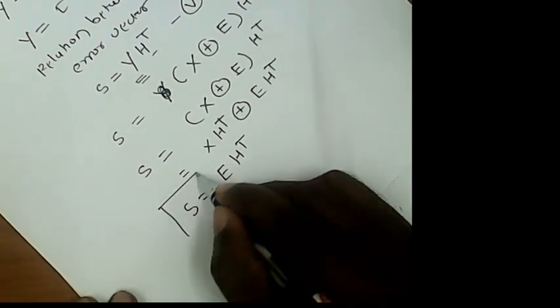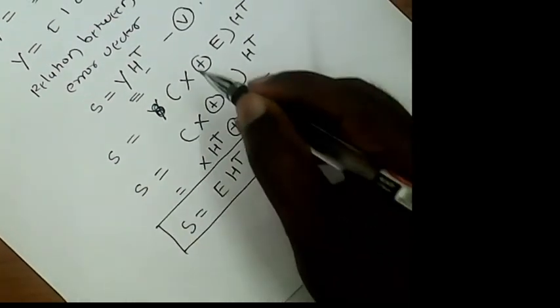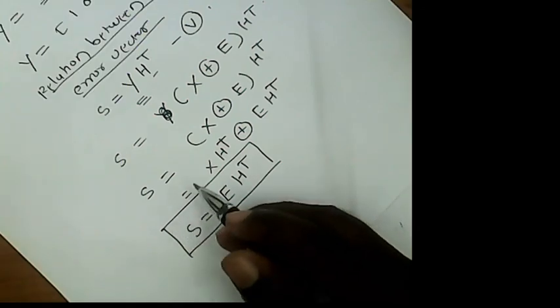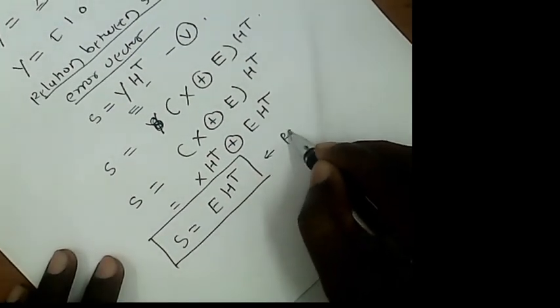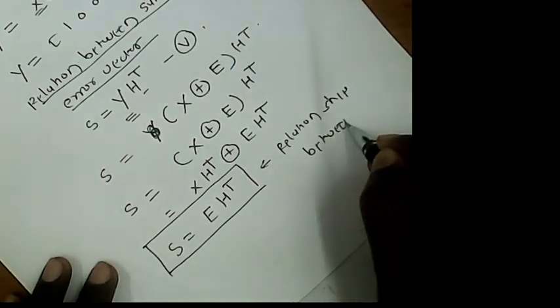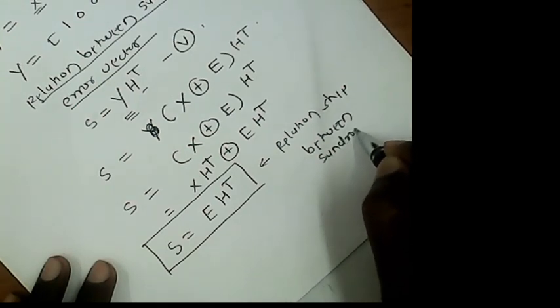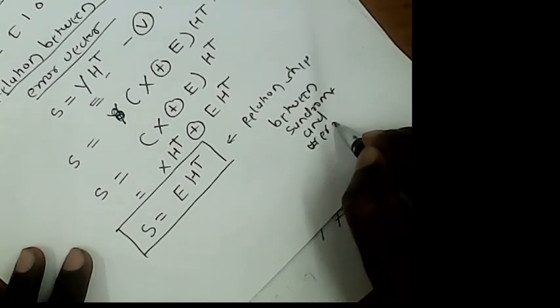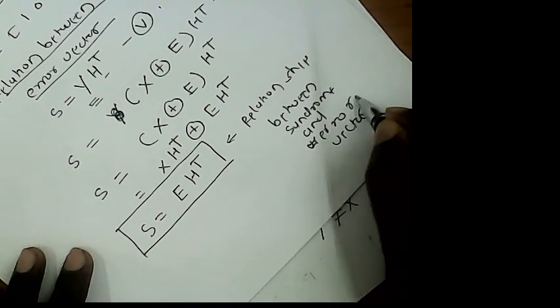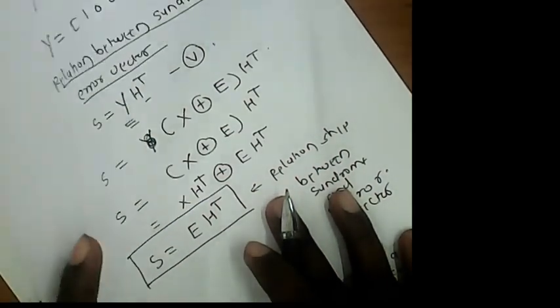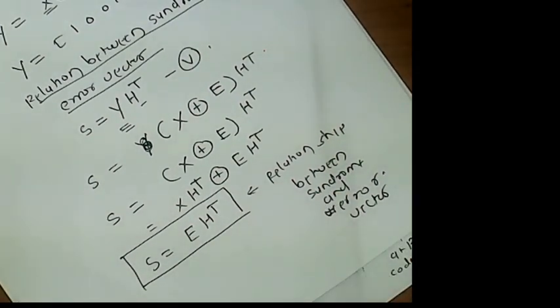So this is the relationship between the syndrome and the error vector. By using this relation, we can solve many examples. So we can stop here. We will see the examples in the next part.